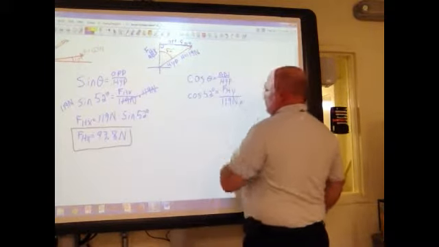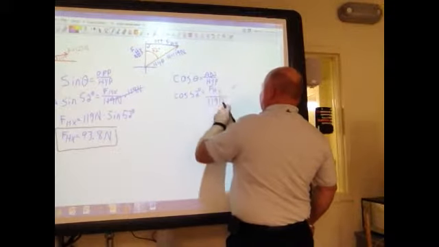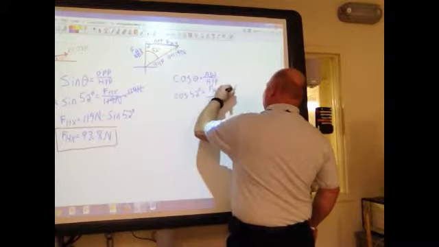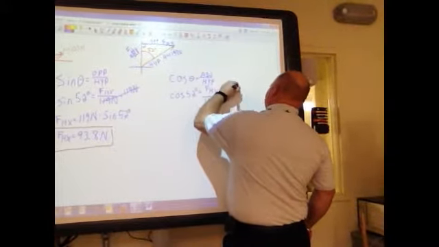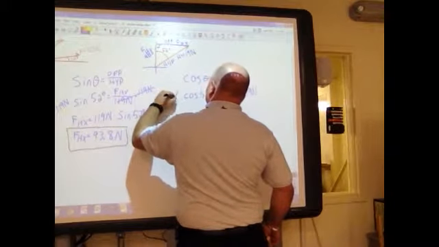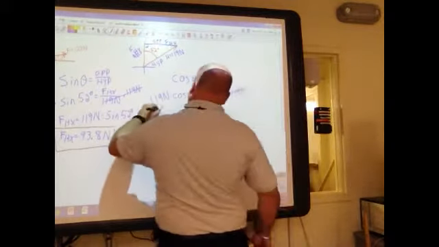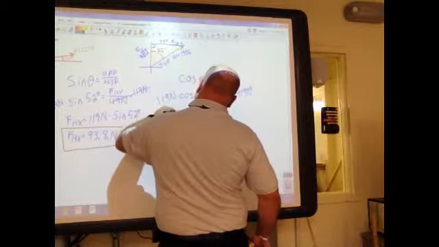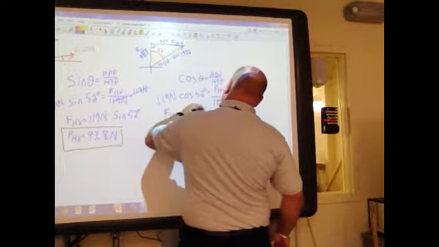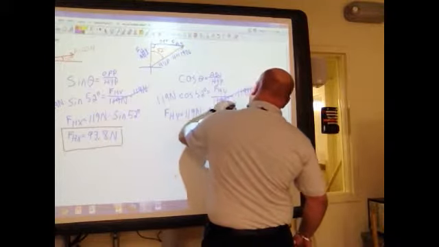Again, solve for the missing variable. We need to get rid of the 119 over here and put it over here, so we multiply both sides times 119 newtons. Those two cancel each other off, and I get F sub hy equals 119 newtons times the cosine of 52 degrees.